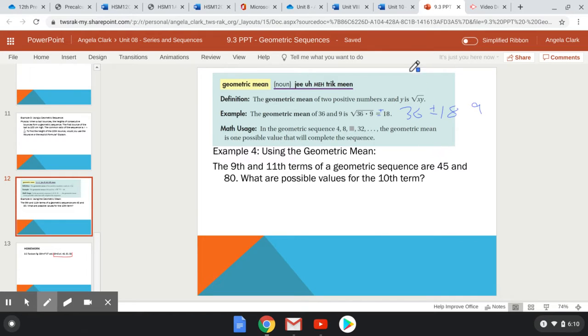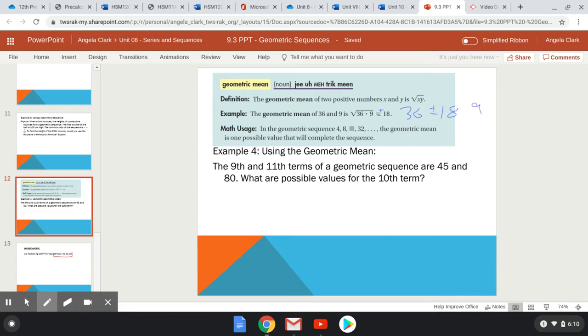It could be positive, it could be negative, because if it were negative, then that just means that instead of our r being 1/2, r is going to be negative 1/2, right? If I multiply 36 by negative 1/2, I'm going to get negative 18. If I multiply negative 18 by negative 1/2, I'm going to get positive 9. So it could really be either one, and without more information, we can't figure that out.